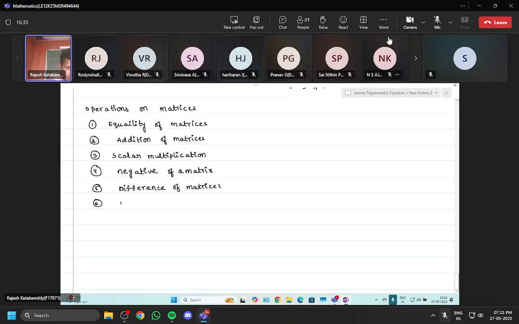Sixth one is multiplication of matrices. Seventh one, trace of a matrix. Eighth one, transpose of a matrix.